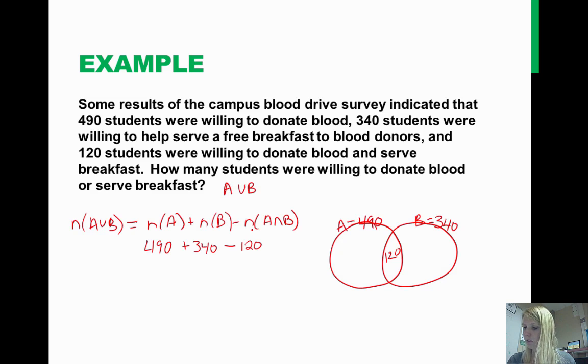So if we add that up together, we get 710. So there's a total of 710 students that are in A union B, or that are willing to donate blood or serve breakfast.